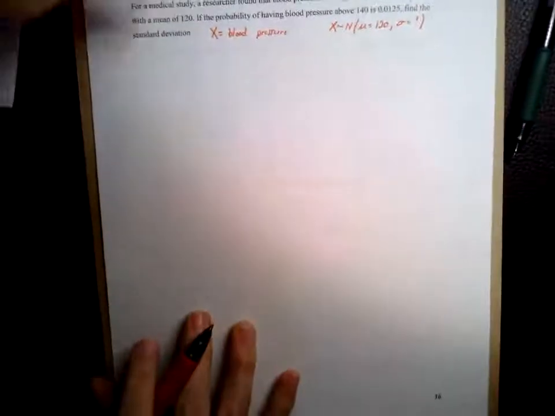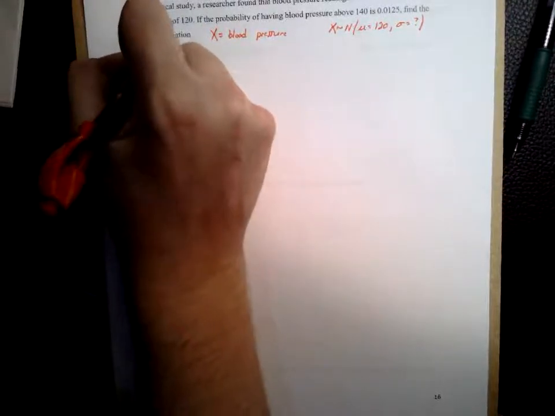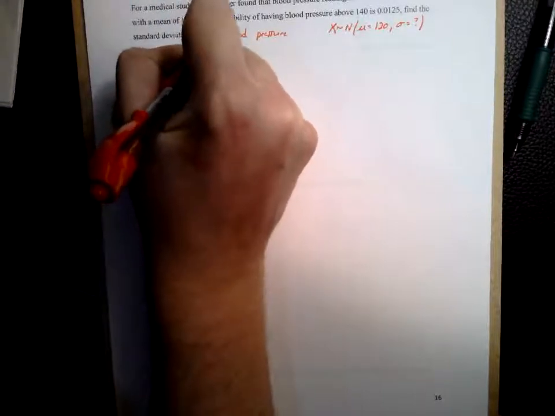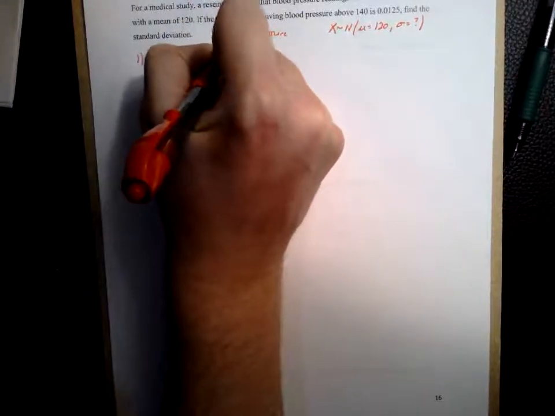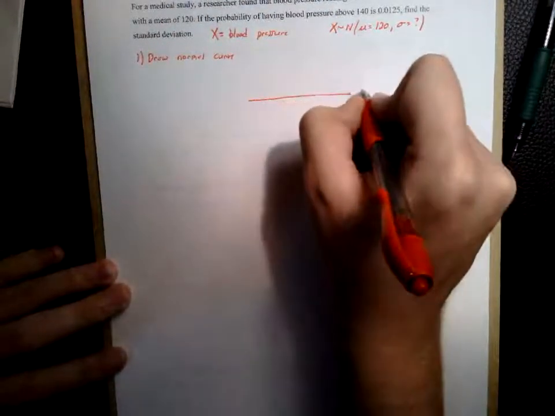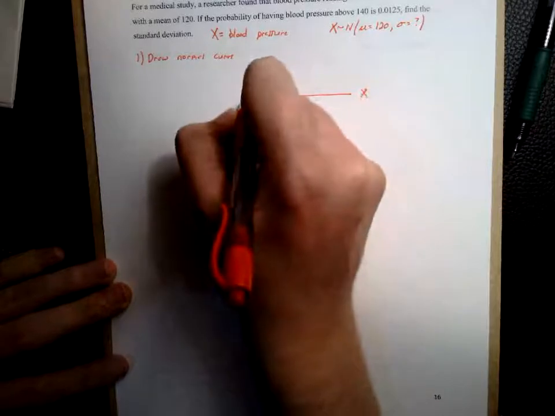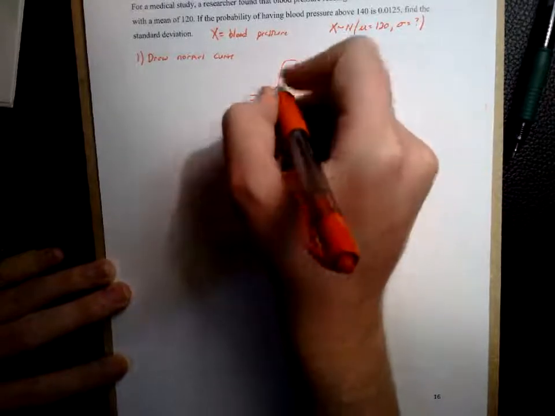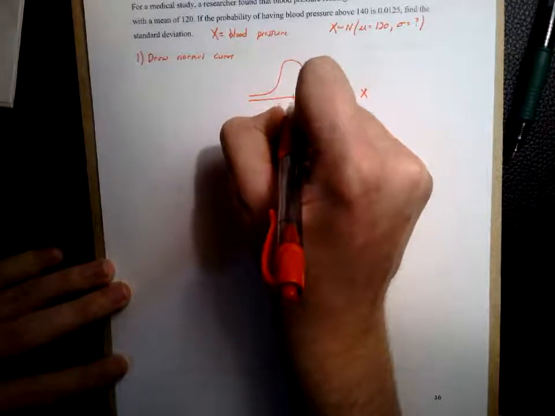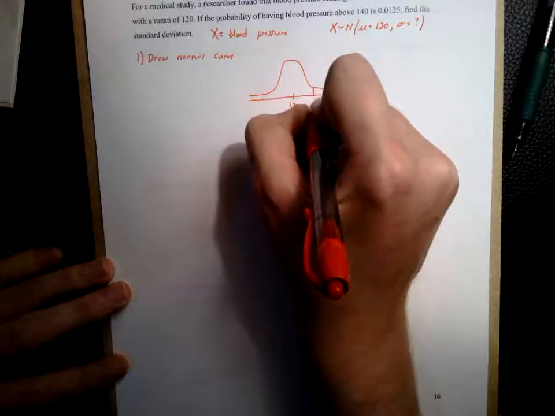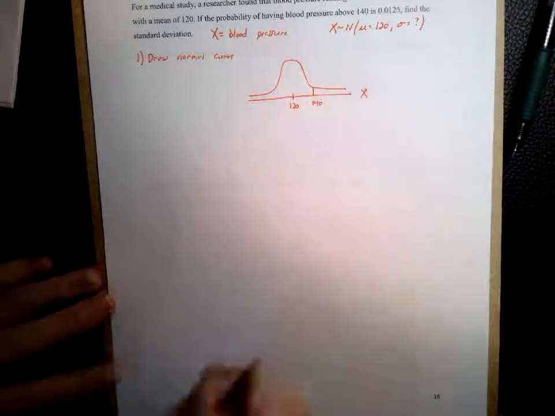Now, let's look at what we're given. First, let's draw the normal curve. Here we have the distribution of the blood pressures. Here is the mean of 120. And here we have 140.